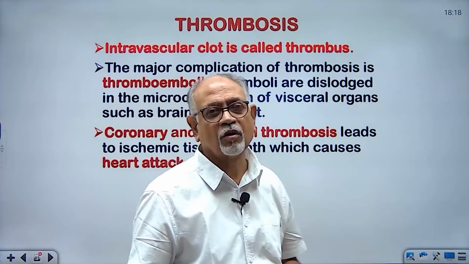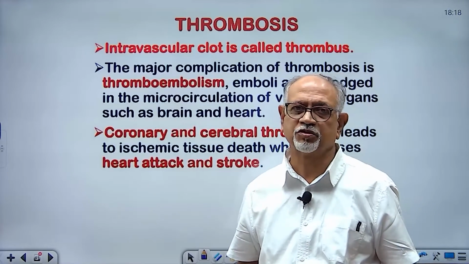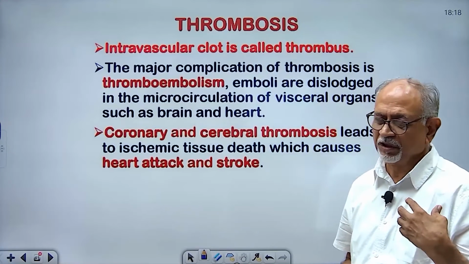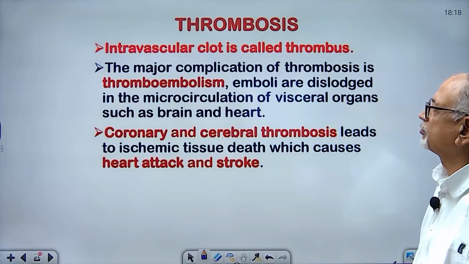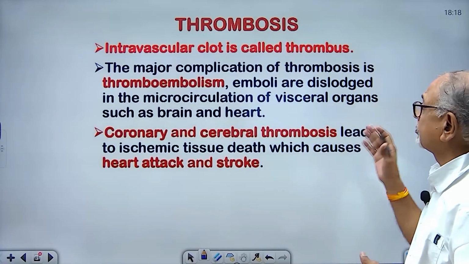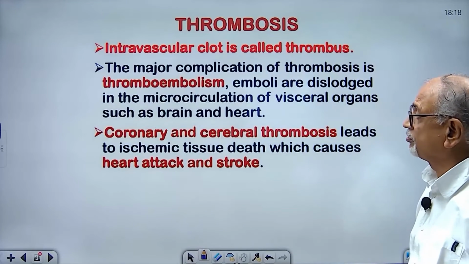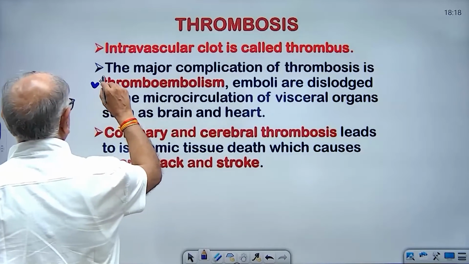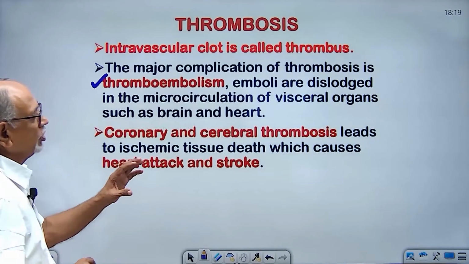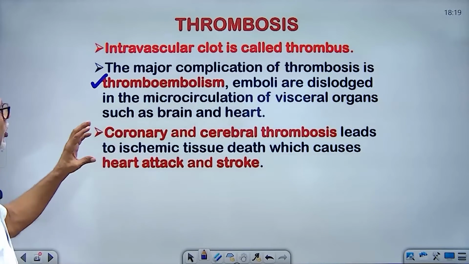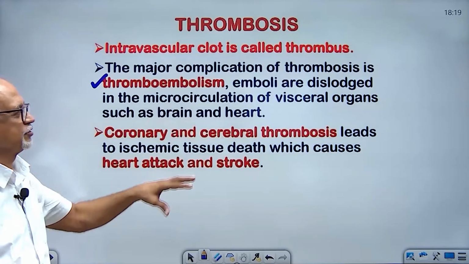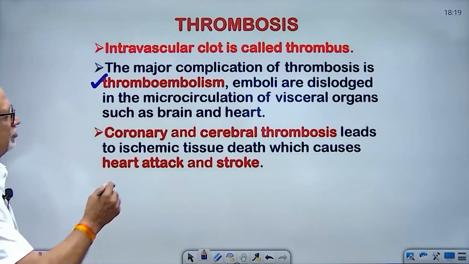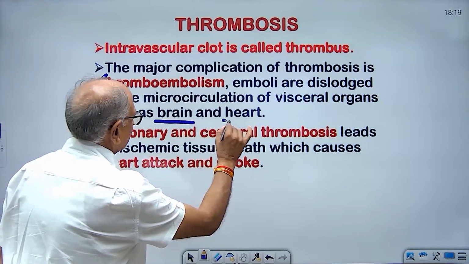Thrombosis. Thrombosis is a phenomenon in which a thrombus or blood clot is formed inside the blood vessels. The major complication of thrombosis is thromboembolism. That is, emboli are dislodged in the microcirculation, especially in the visceral organs, such as brain and heart.